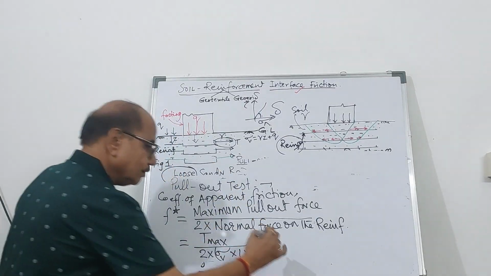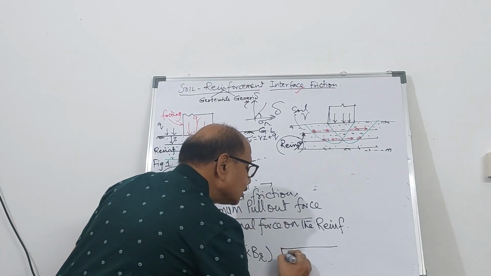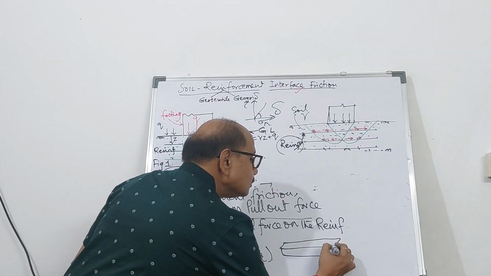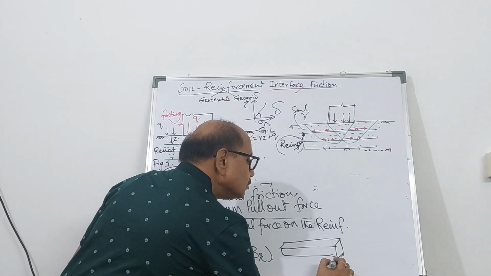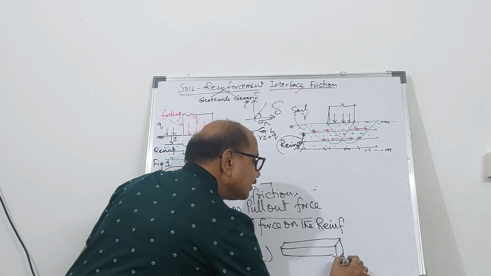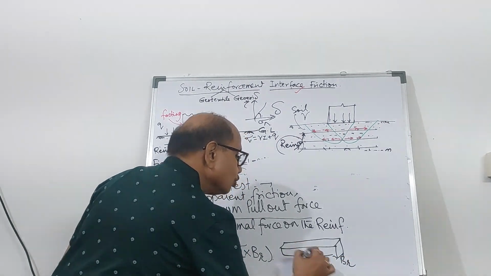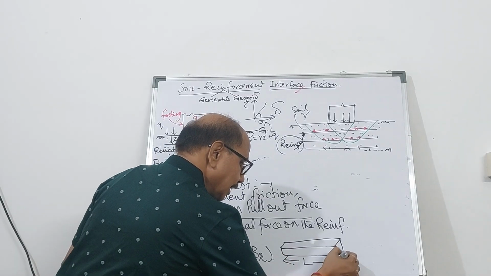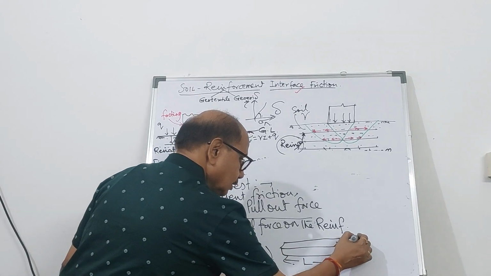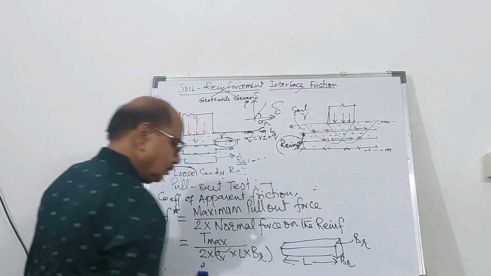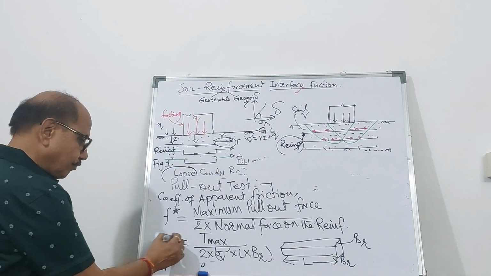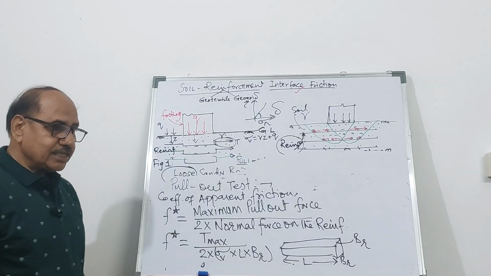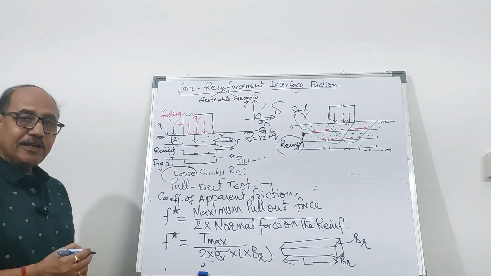Let's say the reinforcing element has width BR and length L. So you can find out this coefficient of apparent friction from this particular expression.